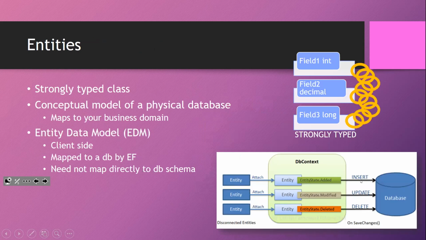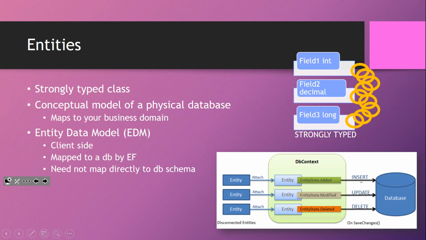Okay, so when we look at an entity, it is a strongly typed class. This is a strongly typed class. See my chains? They're not very good, so I have to tell you that that's what they are. They're chains, because it's really strongly typed. It's chained to that type. So field 1 is an integer. That's the only type it can be, right? And field 2 is decimal, and field 3 is long.